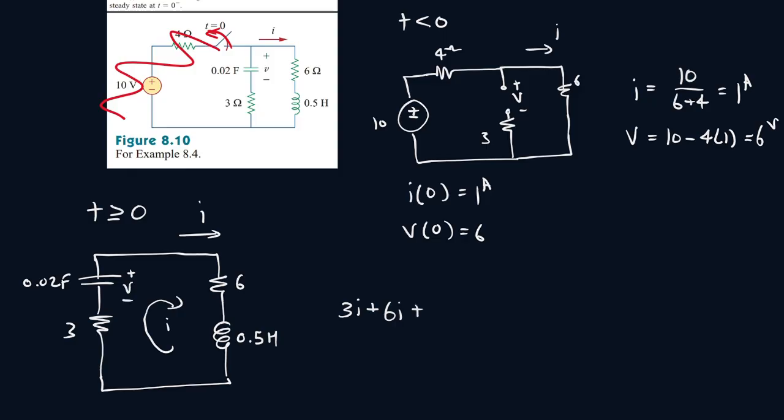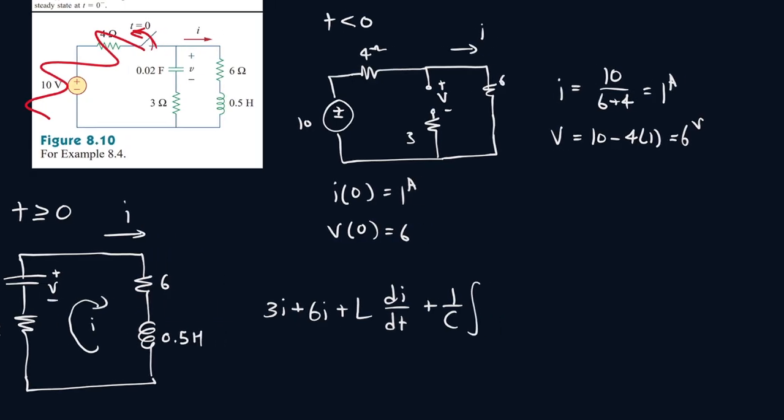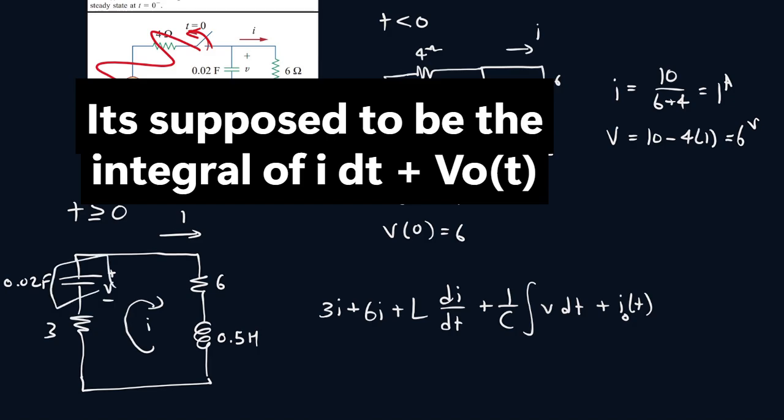Plus the voltage at the inductor, and then the voltage at the capacitor, which is going to be 1 over C times the integral of I dt plus the initial voltage at this capacitor.